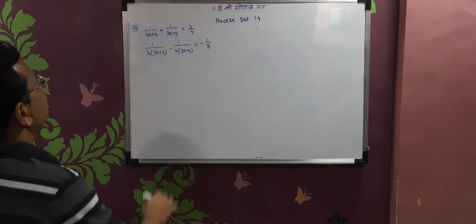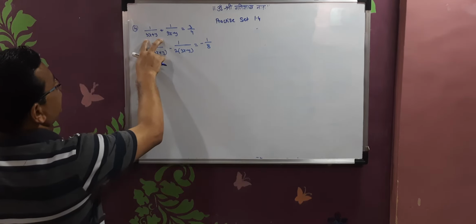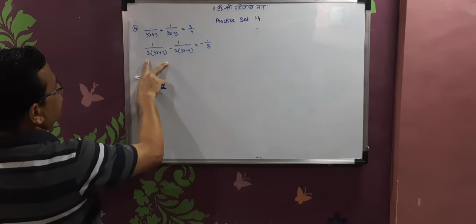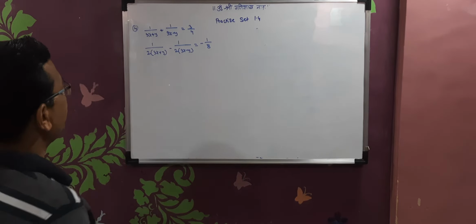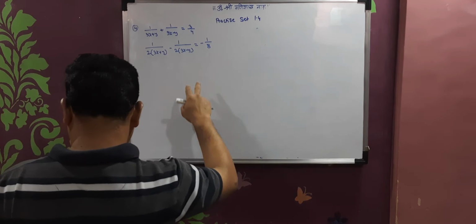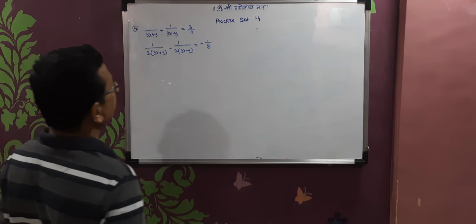Here in the denominator we have 2 into 3x plus y and 2 into 3x minus y.